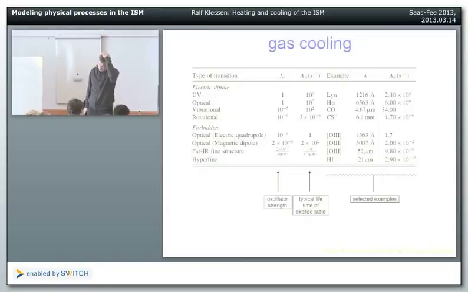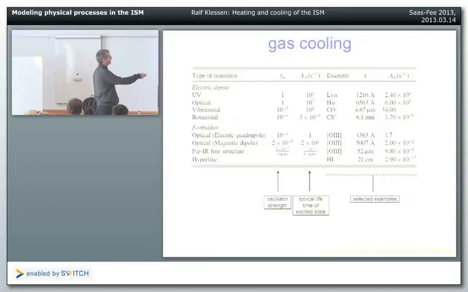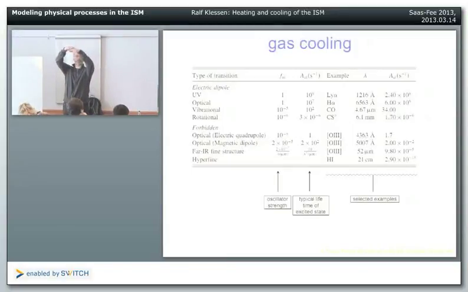Good. So gas cooling typically relies on transitions. And we have electric dipole transitions. They lie typically in the UV and optical, but we can also have rotational or vibrational transitions. Electronic transitions means you take one of the outer electrons and put it from the ground level or some low excited state into a higher excited state.